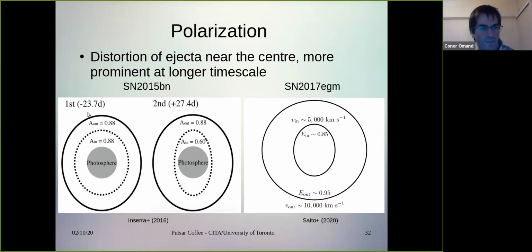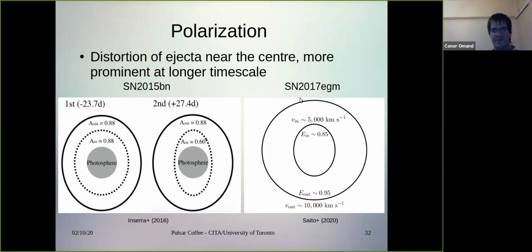You can see that pre-peak, the photosphere, or the ejecta close to the photosphere and a bit further away, is expected to be of a similar geometry. But post-peak, we see that it gets much more distorted. And so this could be via engine energy emission.